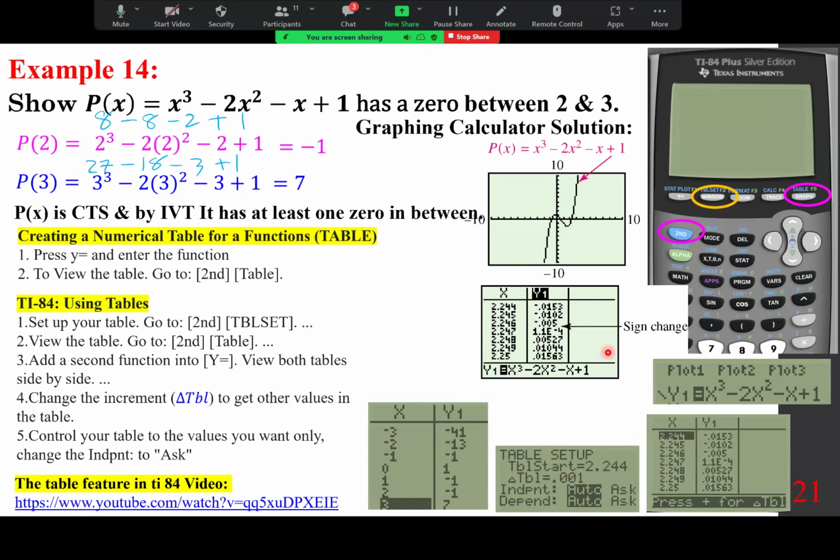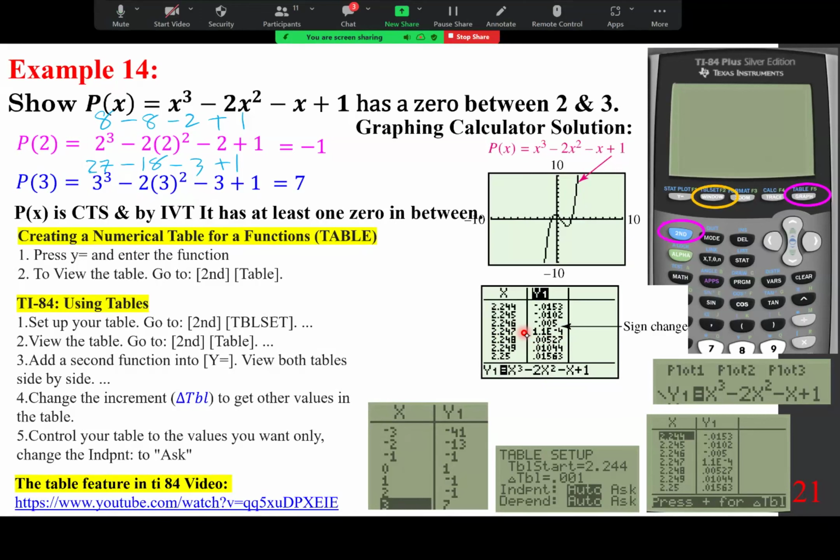If we make it larger, we notice, for example, between these two numbers, notice this is negative. 2.246 results in some negative value, negative 0.005. But the next one, 2.247, gives us a positive value, 1.1 e minus 4. That's scientific notation, which means 1.1 times 10 to the power of negative 4.